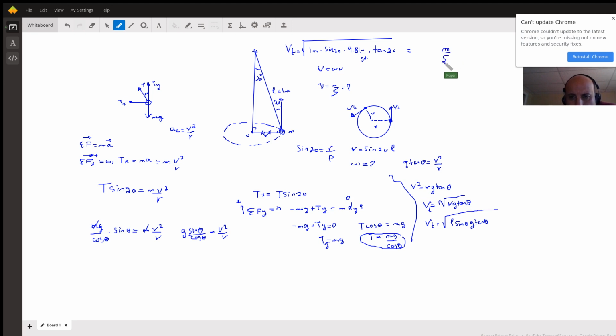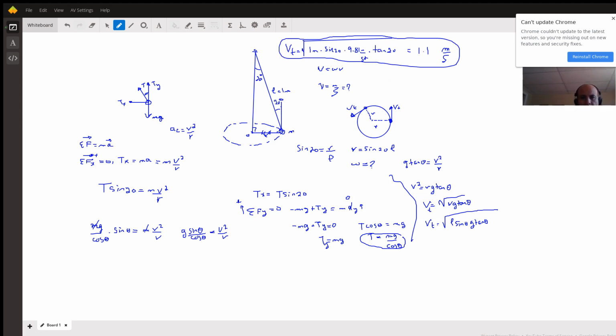That's the first check. Now I can do calculations. So 1 times sine 20 times 9.81 times tan 20. I got 1.2211 meters squared per second squared, and I'll take the square root of that. I got 1.1 meter per second. That is your tangential velocity.